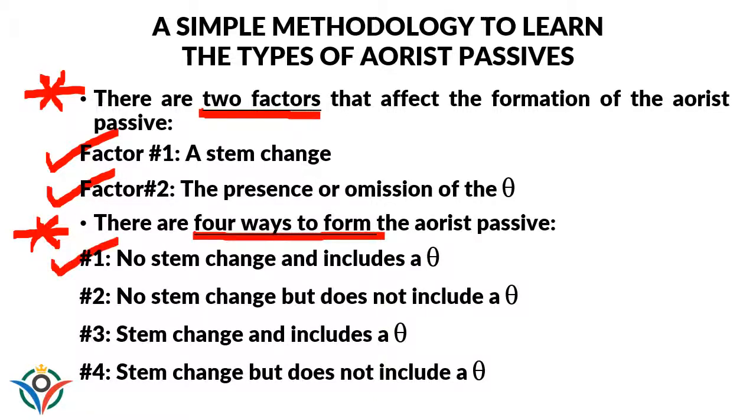The first way, no stem change and includes a theta. Second way, no stem change but does not include a theta. Third way, stem change and includes a theta. And fourth way, stem change but does not include a theta. So let's make sense of this information now.